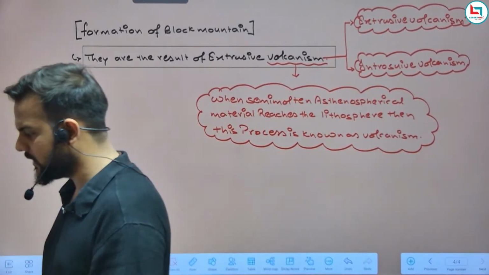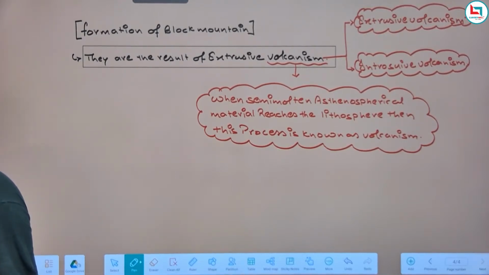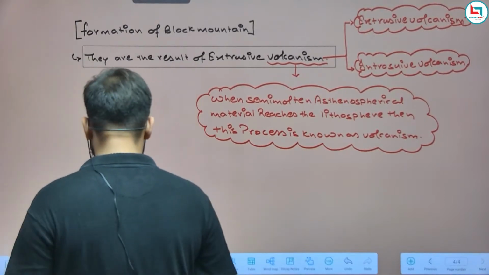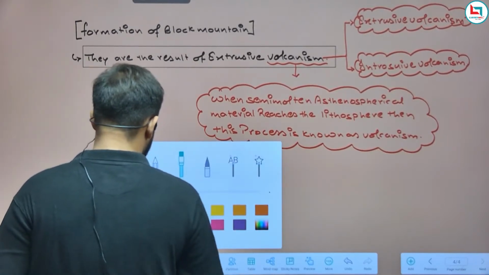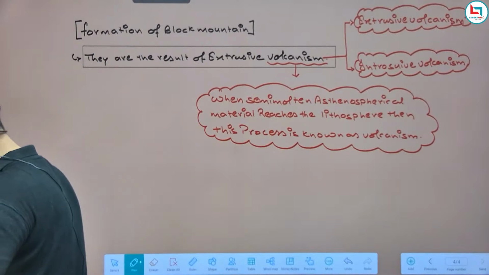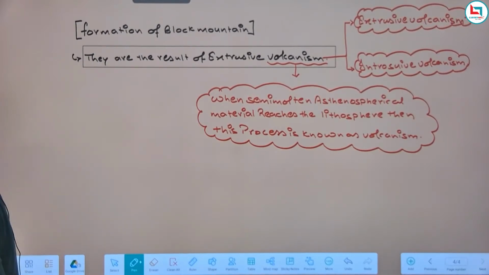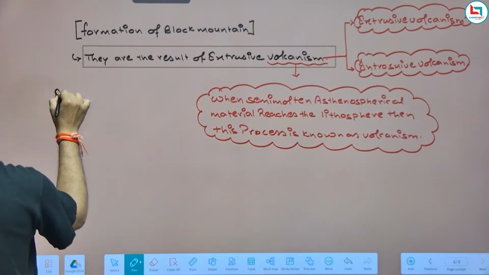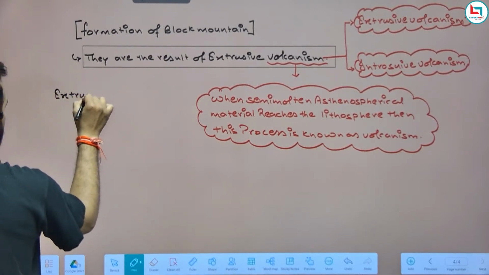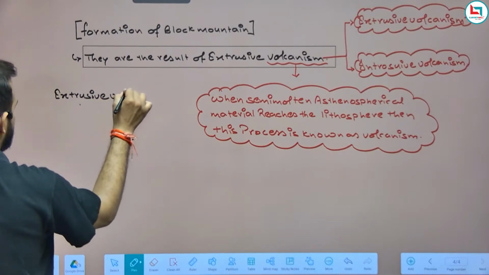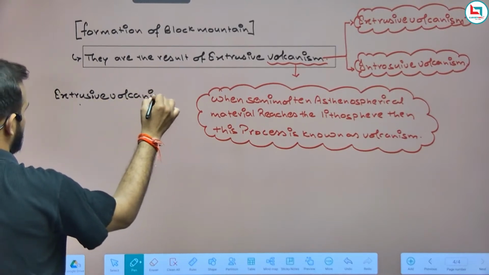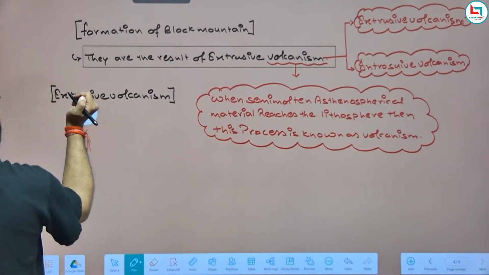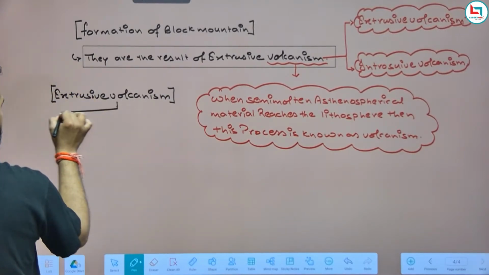Now guys, when we talk about extrusive volcanism, remember, in extrusive volcanism we have the formation of three different structures. What are those structures?